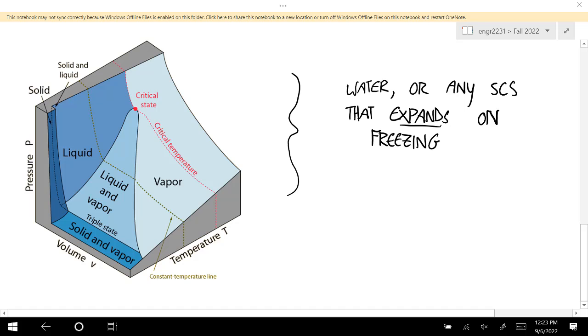Okay, so let's think about a constant pressure line on this graph.